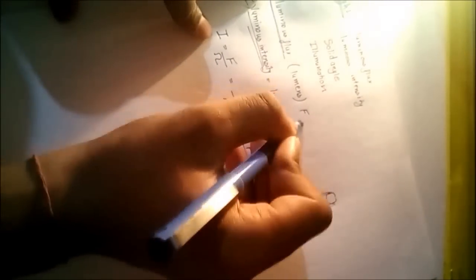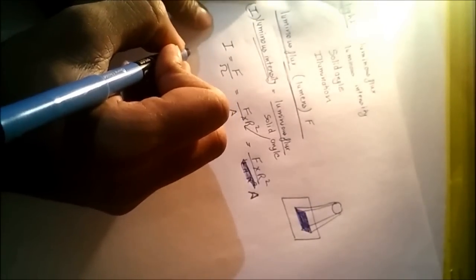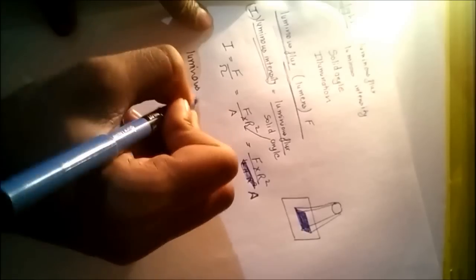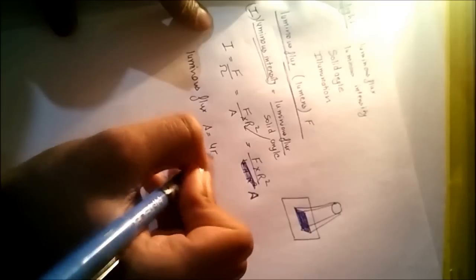Area will be given, but for the luminous flux, which is the total intensity, area will be 4 pi R square.